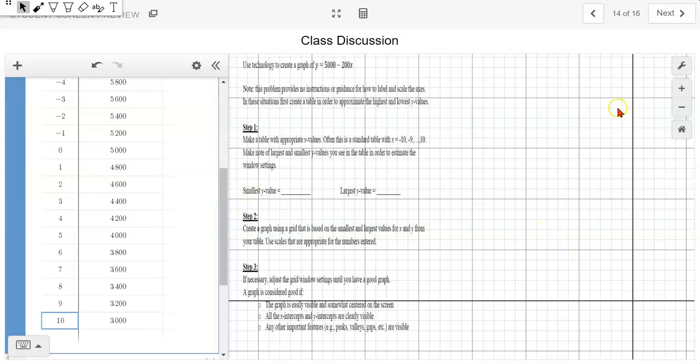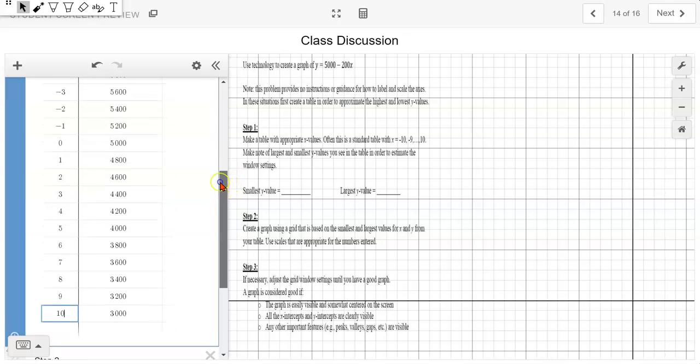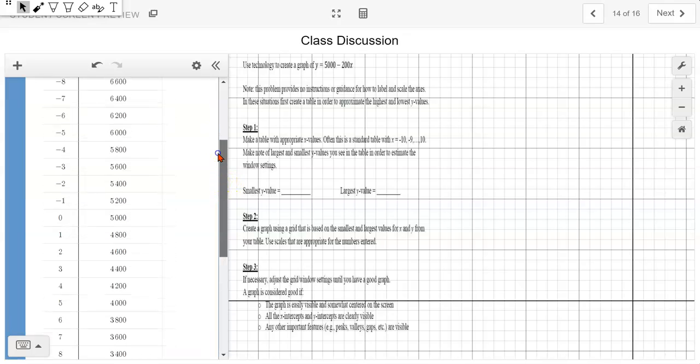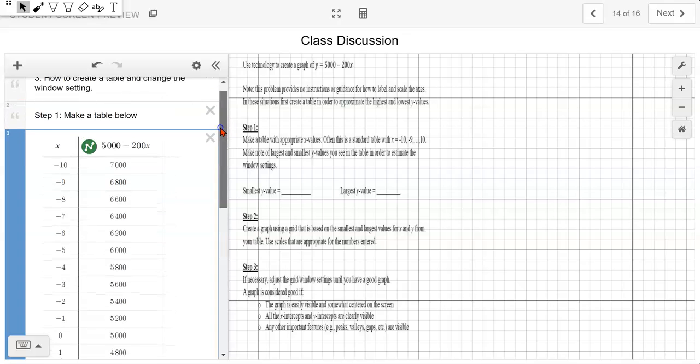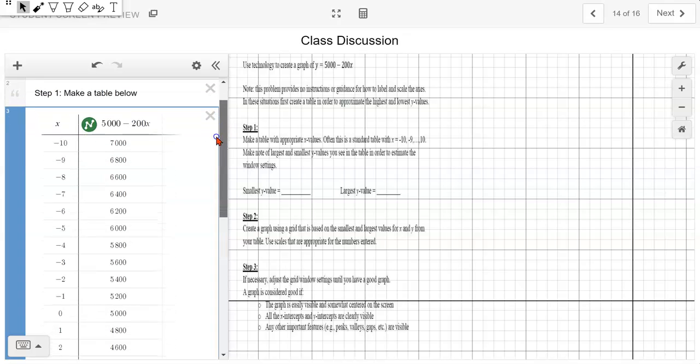Okay, as you can see here, we have the y-axis and the x-axis, and you don't see a graph. So what we do is we need to change the window setting. And to do that, let's take a look first at our table. From -10 to +10, what's our smallest y value and largest y value?